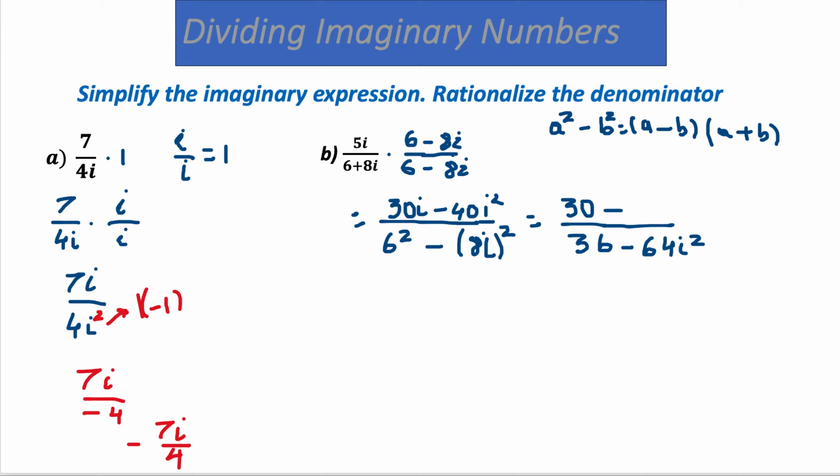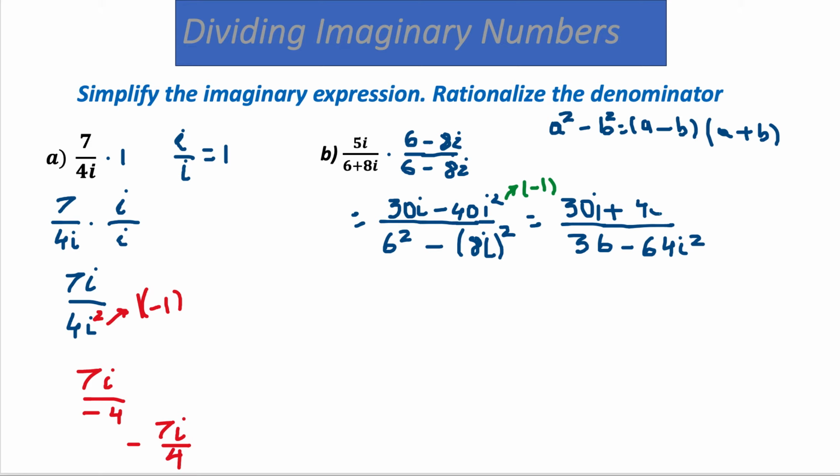But now this i squared is equal to minus 1 according to the definition of complex numbers. And because it's minus 1, minus 1 times minus 40 is plus 40.